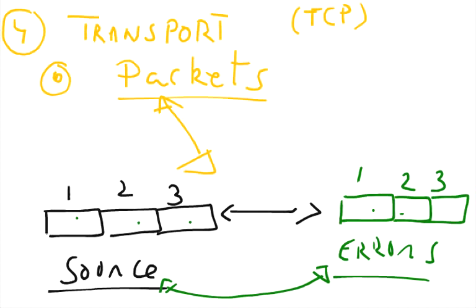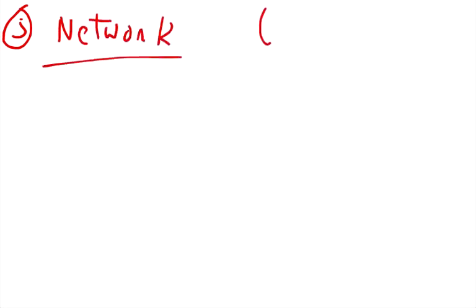So it is basically the work of the transport layer to transport the packets, and then we have got our network layer, and the internet protocol works on the network layer.